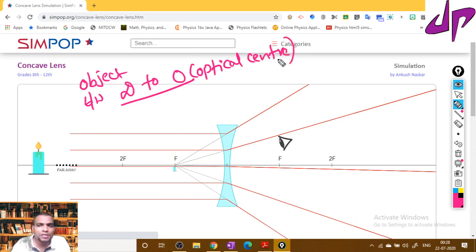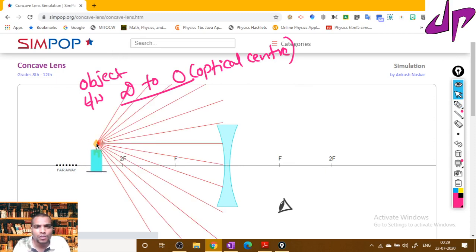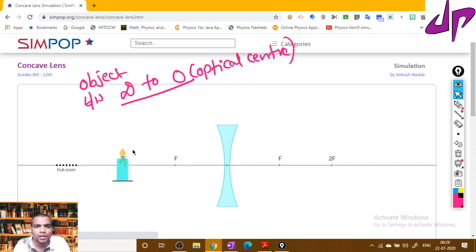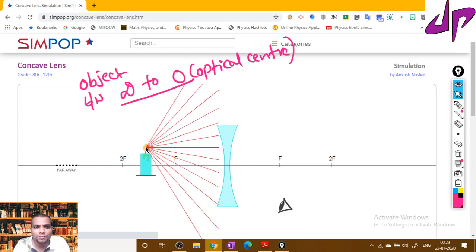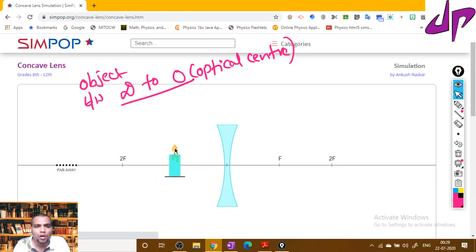If the object is between infinity and the optical center, it means I move the object from infinity toward the optical center. If I place it here just beyond 2f, now where is the image? The image forms between F and O. So if you locate it anywhere, the image always forms between the focus and optical center.